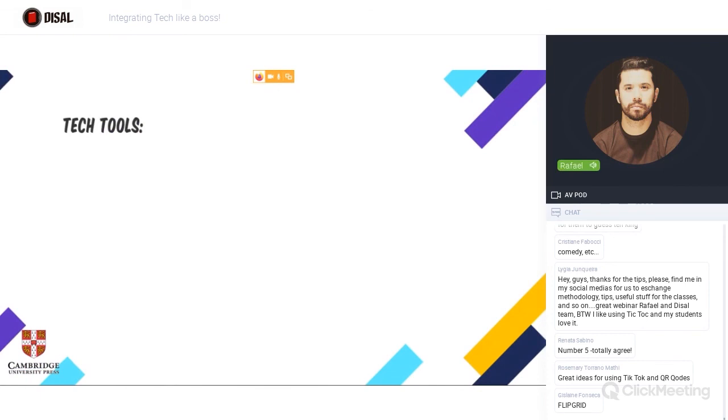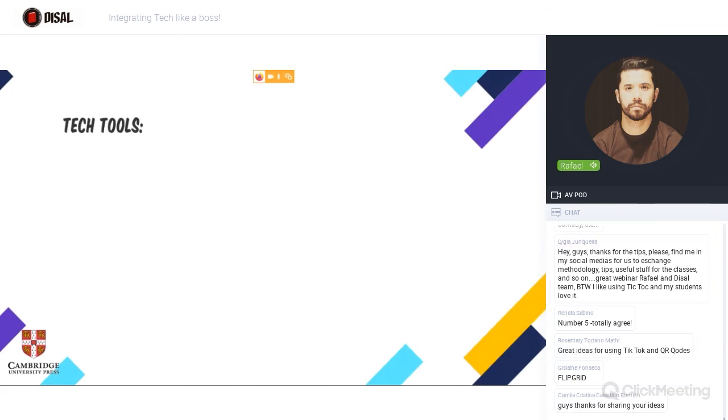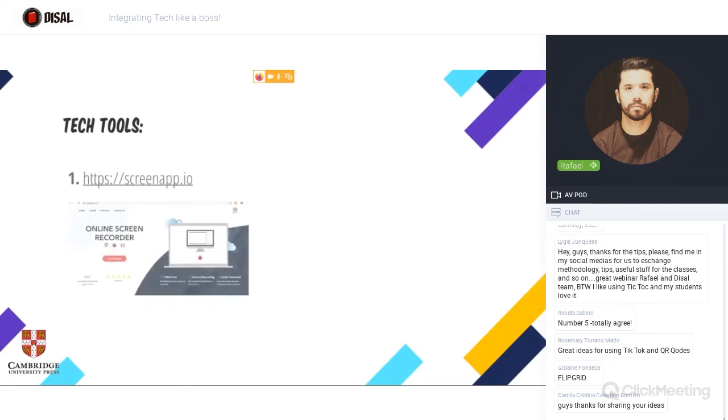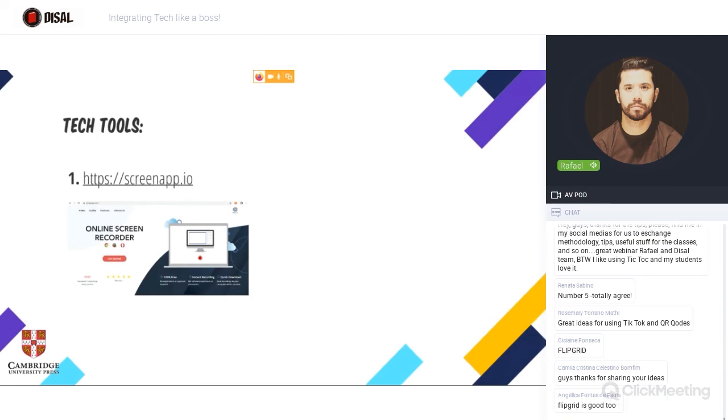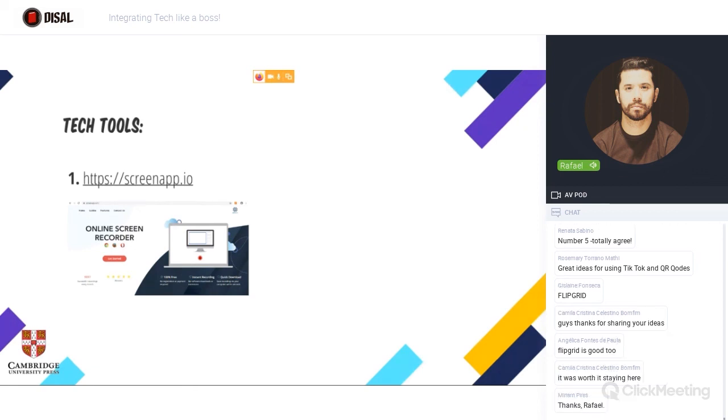Okay, having said that, I'd like to illustrate everything I have said so far by providing you guys some tech tools as an example. So let's go for the first. There is this Screencastify app, an online screen recorder. This is a super interesting tool to use.